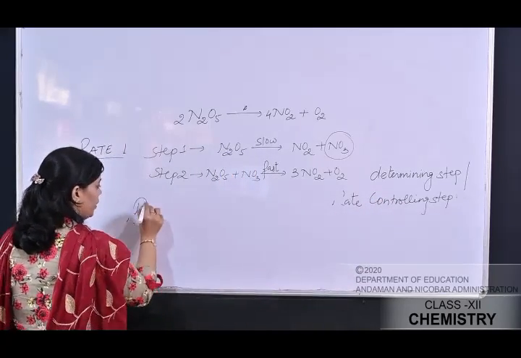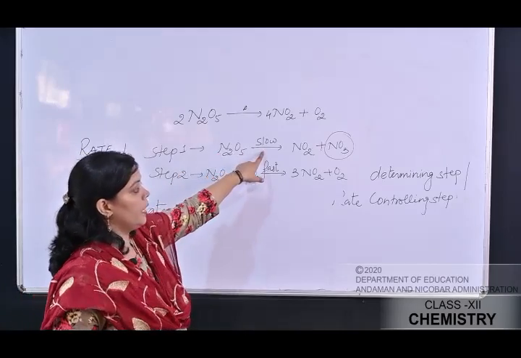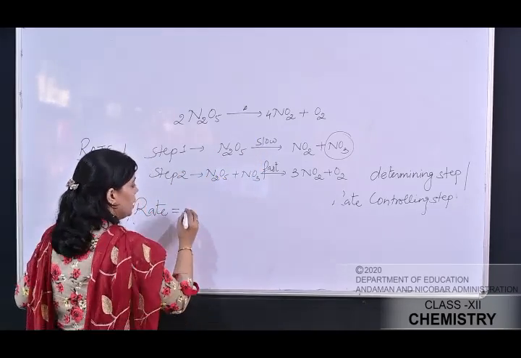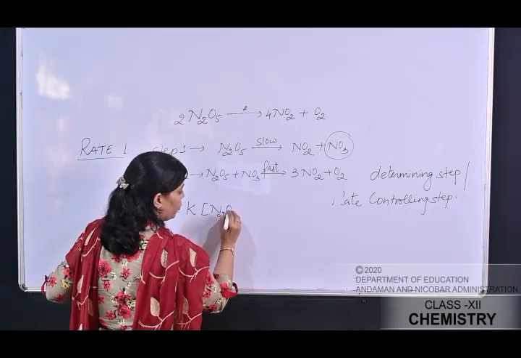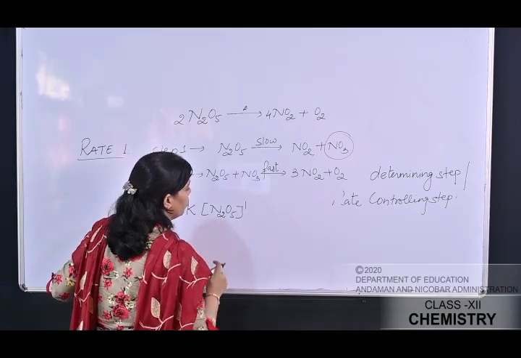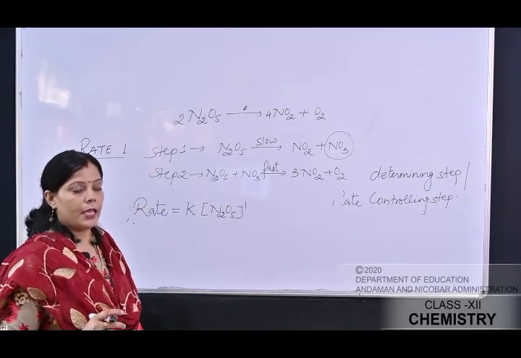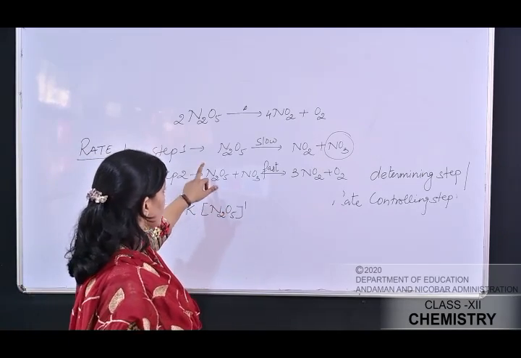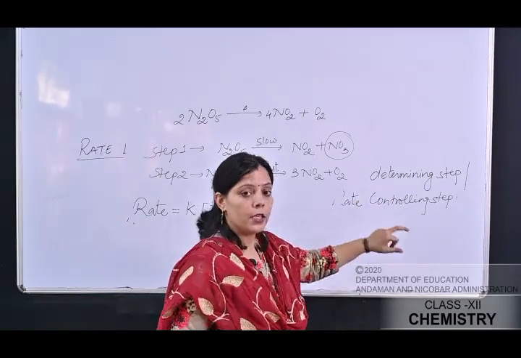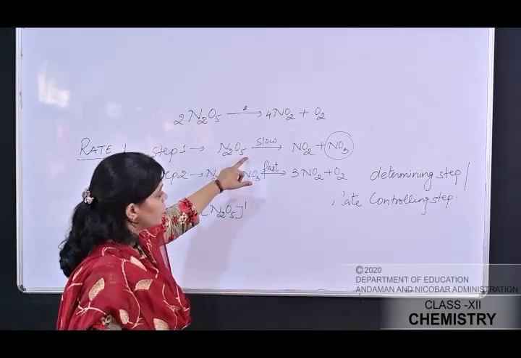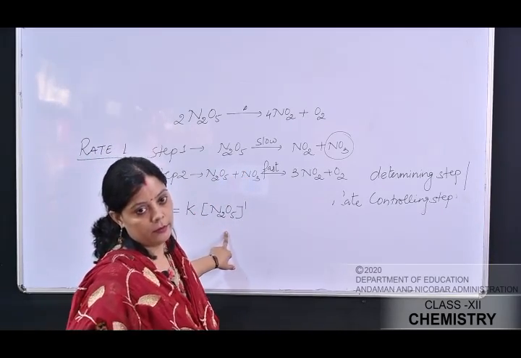So the rate equation for this reaction is written only on the basis of the first step, the slowest step: the rate is equal to rate constant times concentration of N2O5 raised to power 1. So students, we come to the conclusion that in a complex reaction the slowest step is named the rate determining step, and on the basis of the slowest step only we can write the rate law expression.